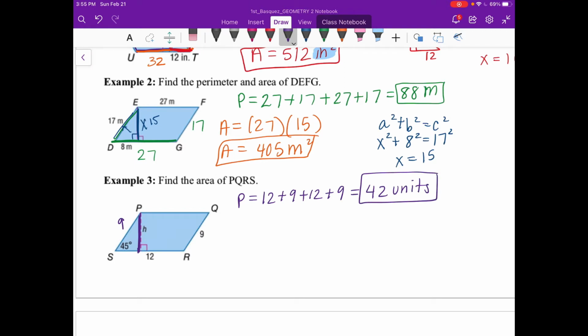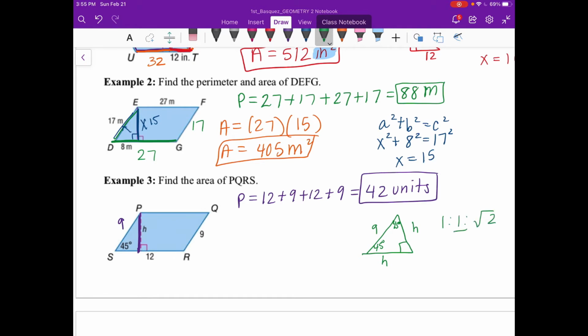But thinking back on special right triangles, this is going to be a 45, 45, 90 special right triangle. So let me take you back to that section, chapter 8. This is H, and this would also be the same because we're dealing with a 45, 45. So our ratio, remember, was 1 to 1 to square root of 2.